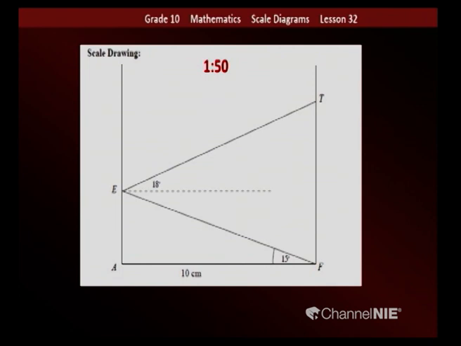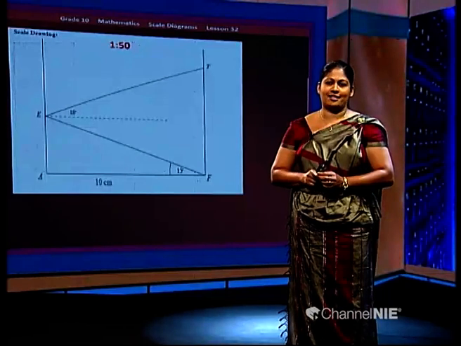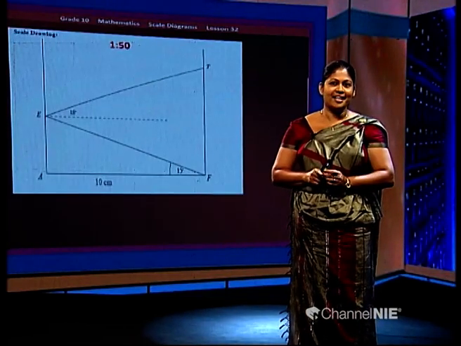I remind you that there is a place where the angle of depression and the angle of elevation are equal. I am using that here. At the point F, I will measure the 15 degrees. You got the idea?